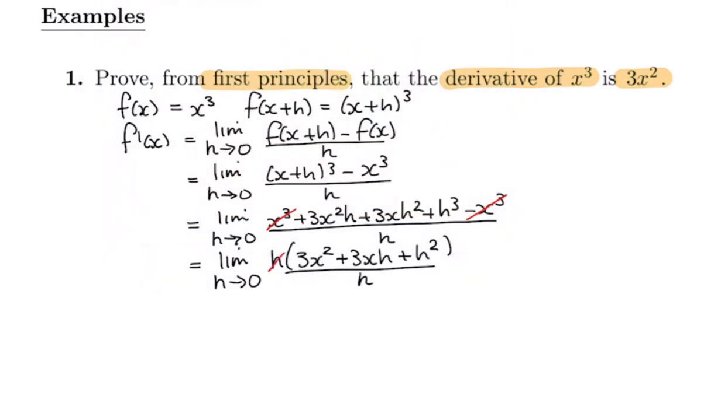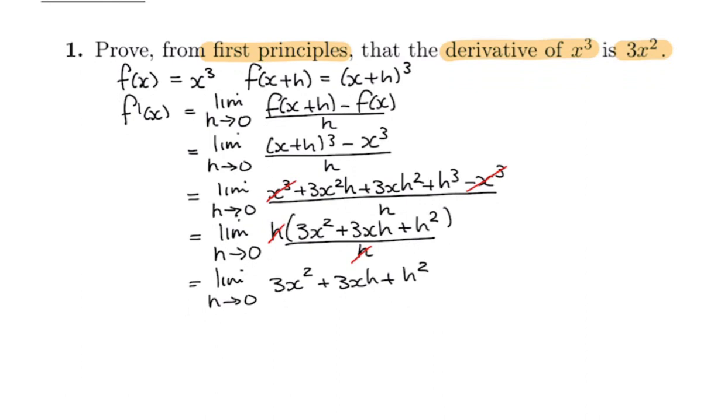And then you notice that the h that we pulled out as a common factor and the h in the denominator cancel each other out. So we've now got the limit as h tends to 0 of 3x squared plus 3x h plus h squared. Now, as h is tending to 0, 3xh will also tend to 0, because it doesn't matter what x is, because h is becoming smaller and smaller, it's going to tend to 0, and h squared will tend to 0.